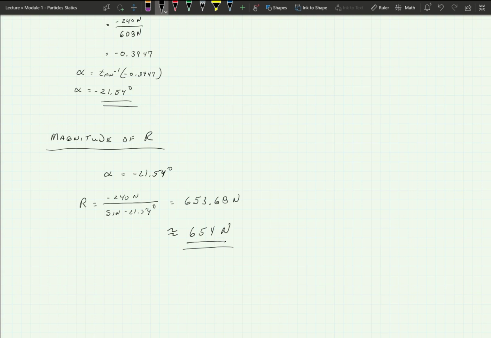No. So rounding to three significant figures, 654 makes sense. Cool. We've actually found more than just adding the components. We've solved for the whole problem of knowing where this force is.